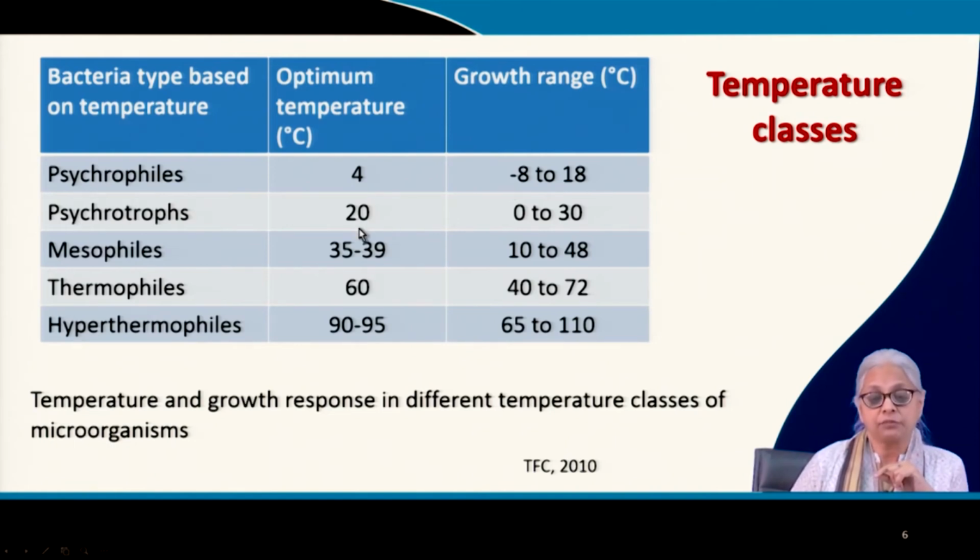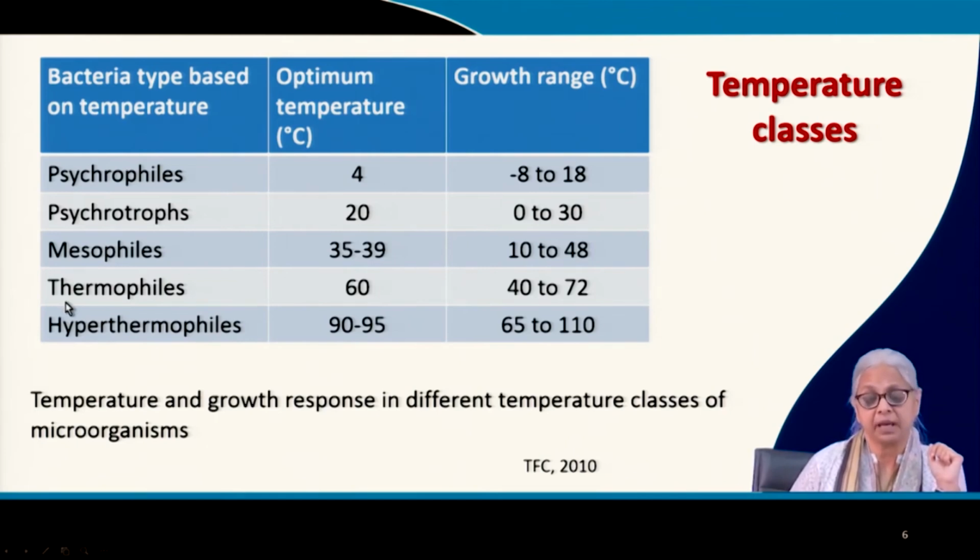Psychrotrophic bacteria have a 20 degree optimum temperature and a 0 to 30 degree range of growth temperatures. These are bacteria that can and do exist in Arctic as well as Antarctic regions, or even higher altitude regions where there is very low temperature, like the Himalayas and so on. So these are where you can find these bacteria. Now, these bacteria do not exist in your normal environment.